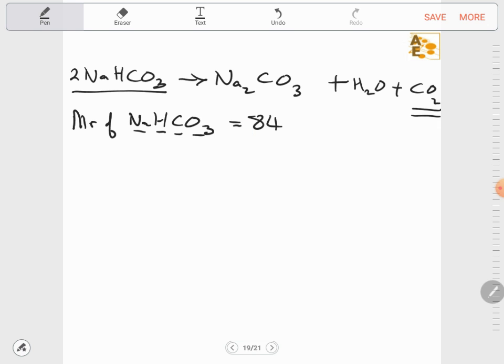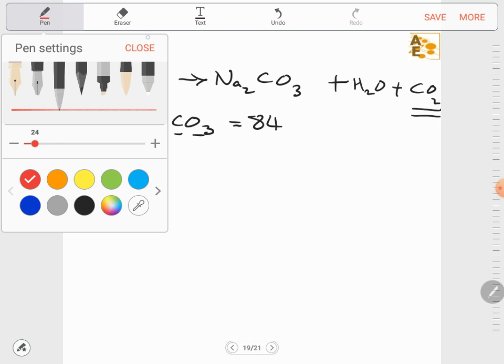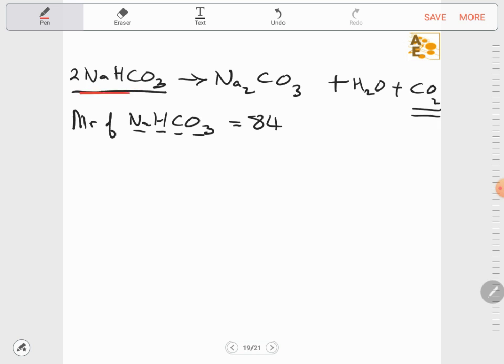Fair enough. We can see that this sodium hydrogen carbonate is 2 mole, producing 1 mole of carbon dioxide. So NaHCO3 will give out the CO2 under thermal decomposition.